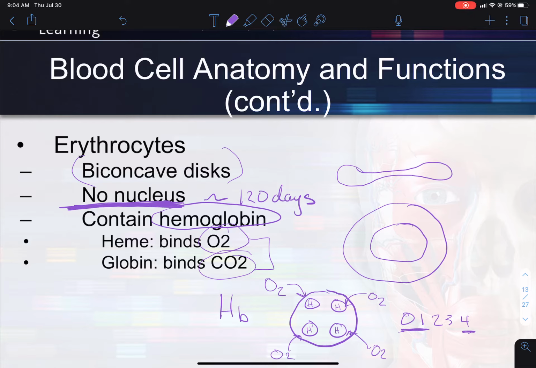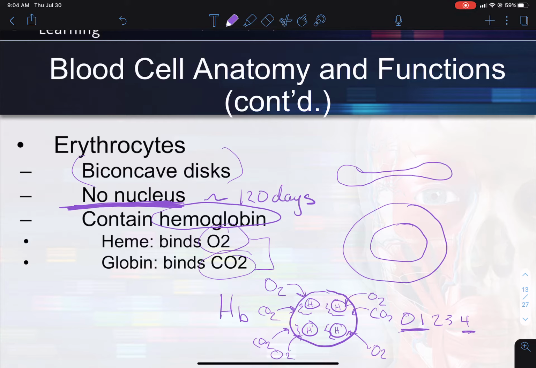Now, these heme groups are right next to proteins, the globulins, and those can bind onto CO2. So if it's not bound to O2, it's likely going to be bound to CO2, but it's never going to be bound to 8 things at once. It'll only be bound to 4 things at once because there's only enough room for 4 things to bind.